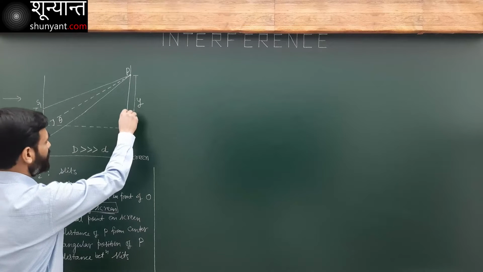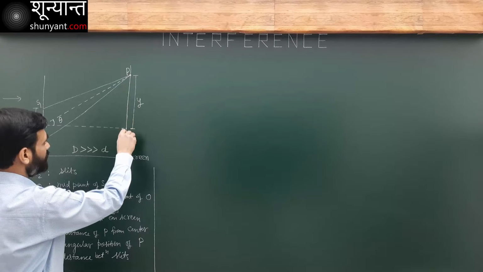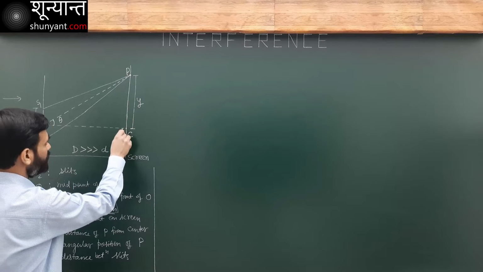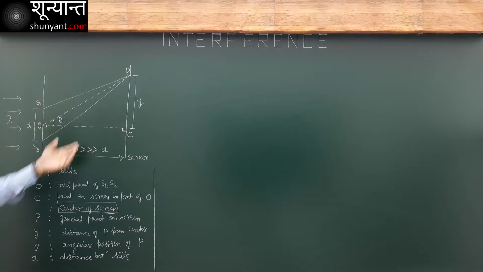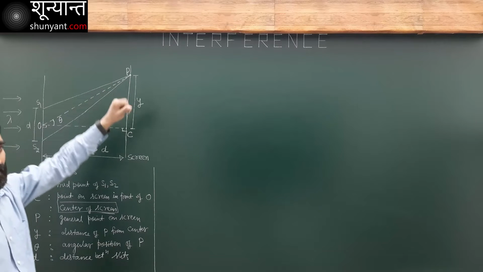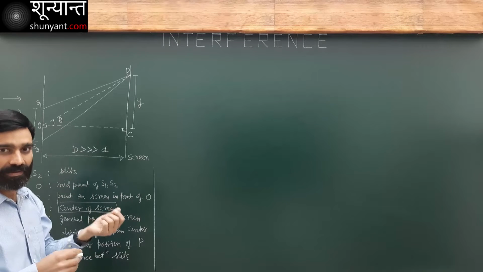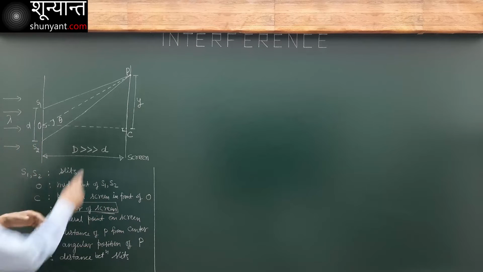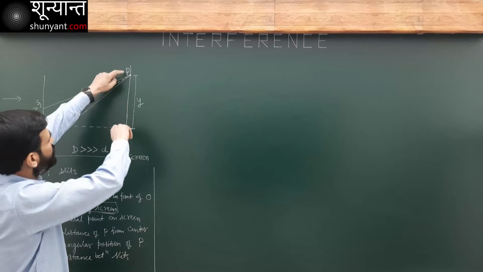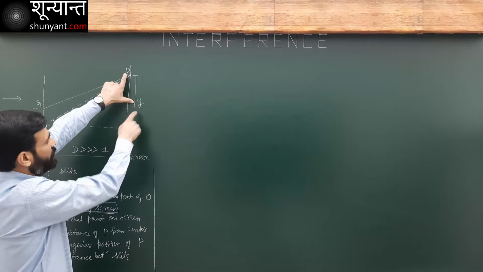Several other terms are also written. P is a general point. On this point, the light from both sources, S1 and S2, arrives and they interfere. The distance of this point from the center is y.